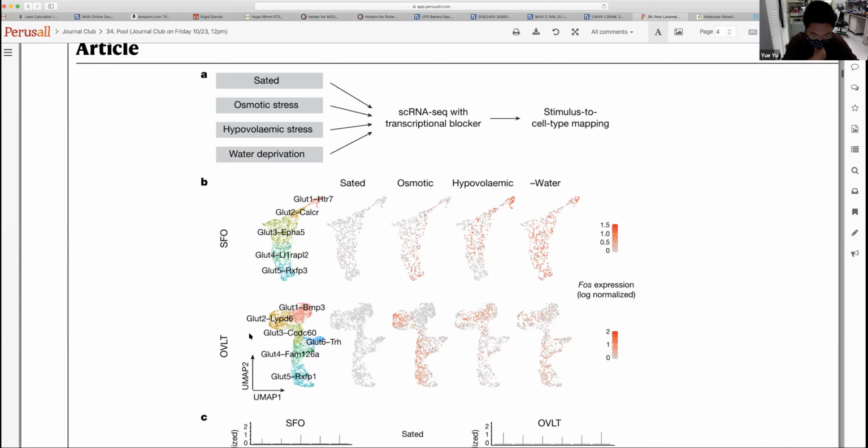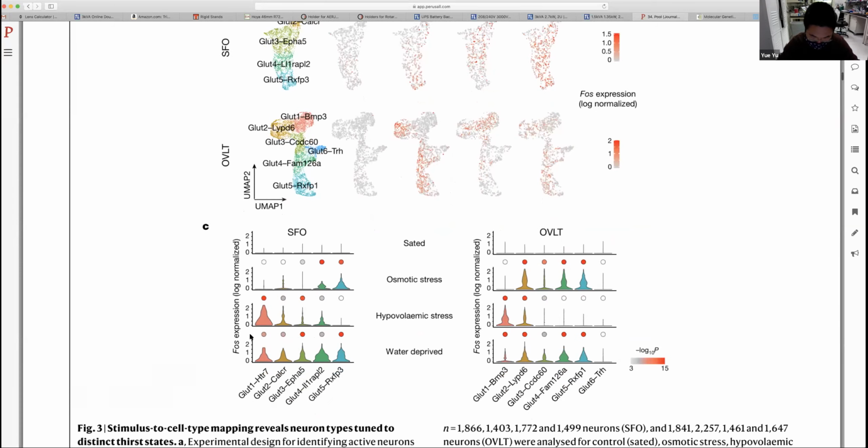In C, I think they're matching these different conditions with the groups of excitatory neurons they found, and they are able to conclude that the 2 conditions, osmotic and hypovolemic, activate different subsets of the neurons.